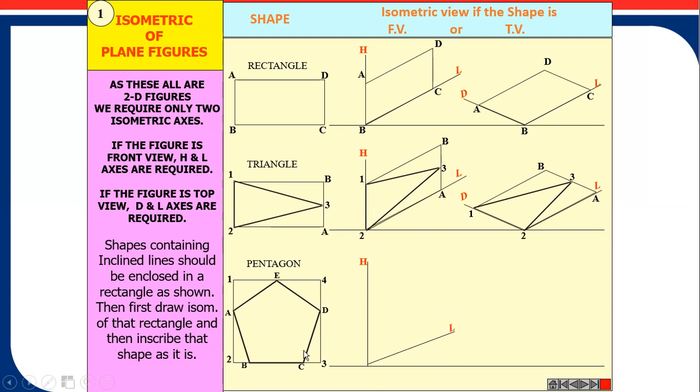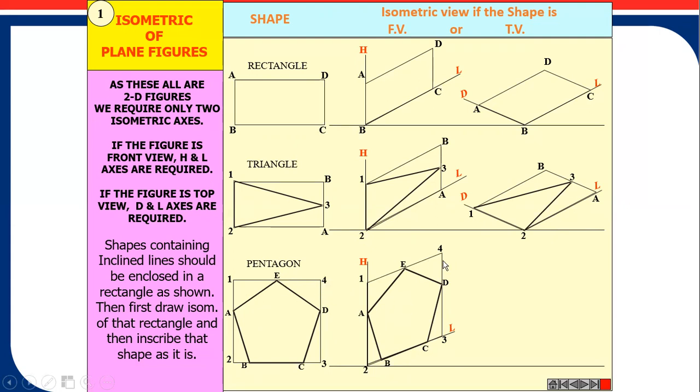Now 2 is the origin, and make this box. Okay, 1, 2, 3, and 4, and we know that this B point you can measure with the distance from 2 to B and mark here 2 to B. Then from 3 to C, we can mark here 3 to C. Then 3 to D, we are getting all these points.